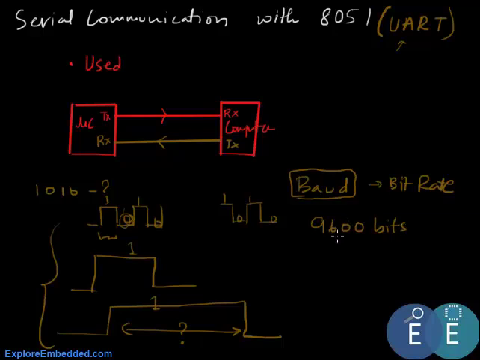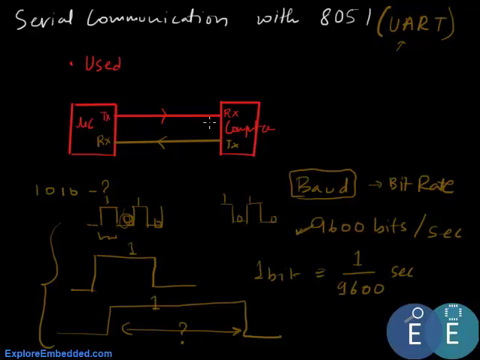So this means one bit is transmitted per, this is time, so this would be 1 divided by 9600. This would be the time for each bit to be transmitted if baud rate is 9600.